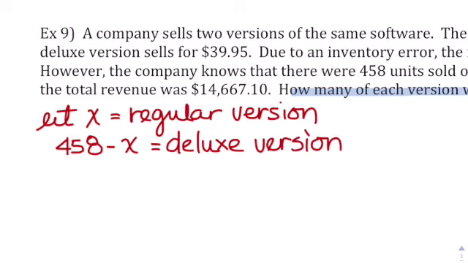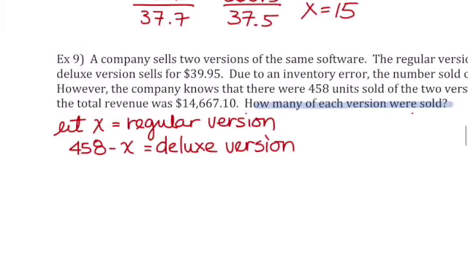And now we find out how many there are. To find how much it costs, you take how many there are and multiply by how much it costs.